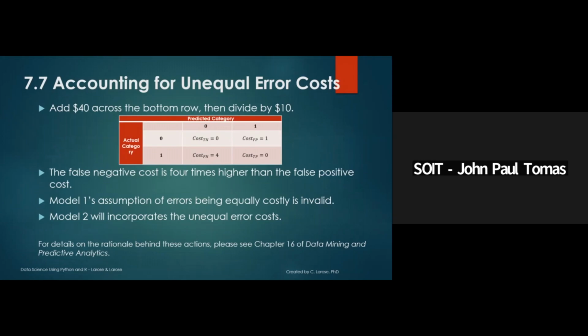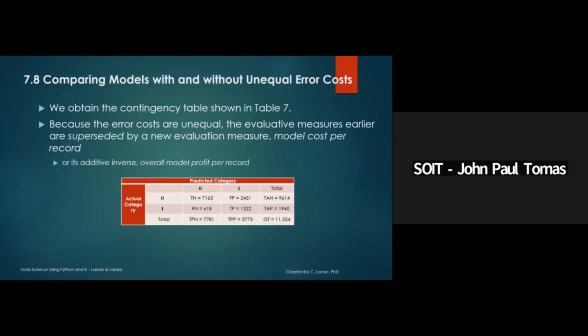So here you have other values after you have applied the values of $10 and $40. Anyway, the Jupyter notebook that I'll be providing will give you a better understanding of this and of the new contingency table.